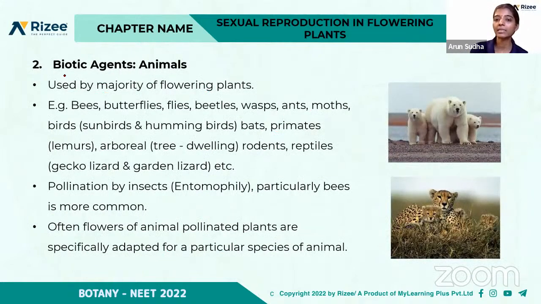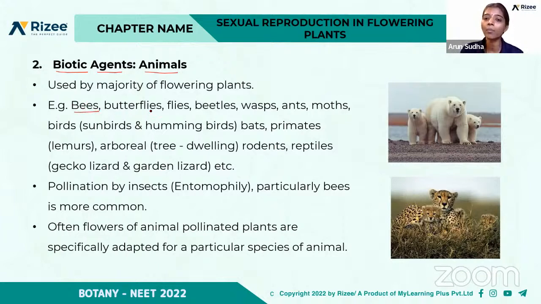So the next is the biotic agent, that is, by animals. It is used by the majority of the flowering plants. The majority of the flowering plants present on land use animals as the pollinating agents. So what are the animals that are involved in pollination?